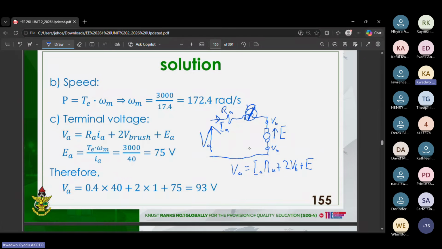So now we must find our EA. And once again, for electromechanical conversion, we know that EAIA is equal to TE omega M, right? So we just make EA the subject here, and then we can find our EA. So that's what's being done here. And we substitute everything back into it. We get our terminal voltage to be 93 volts.